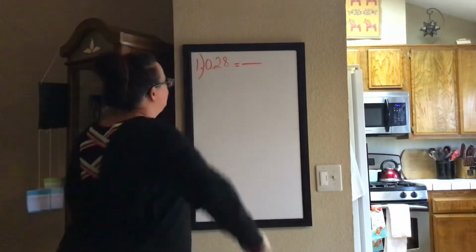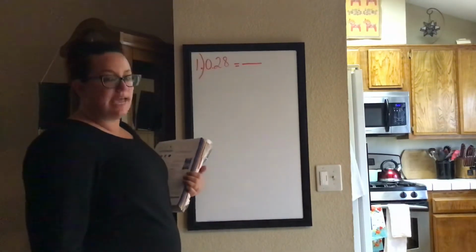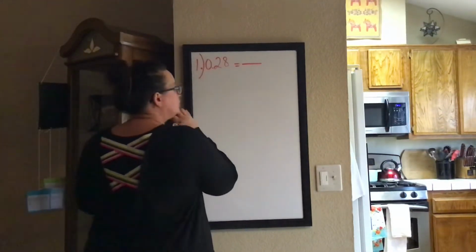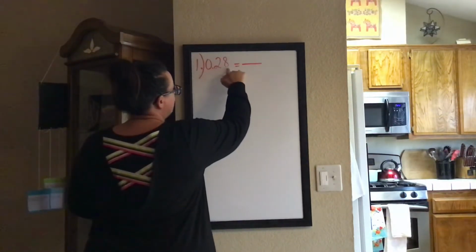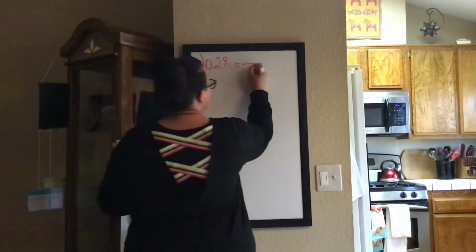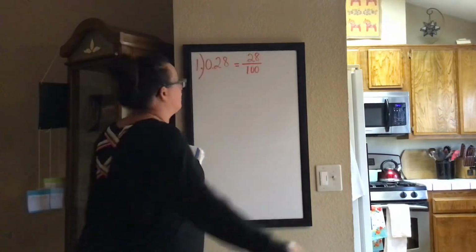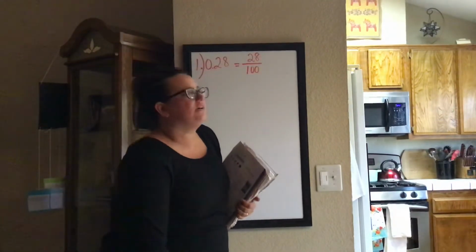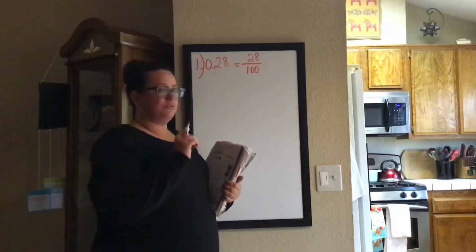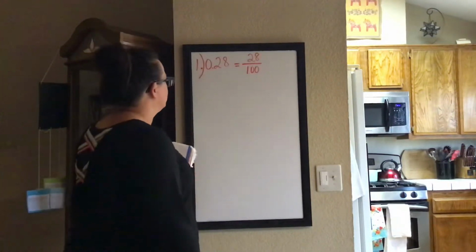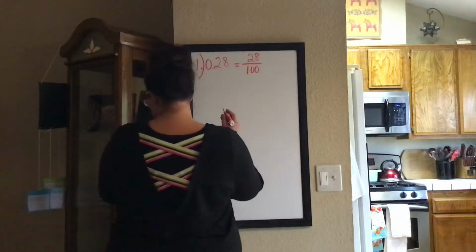There we go. 28 of them are colored purple. Well, there's 100 total. See, 28, and this is in the 100 spot. We're dealing with 100, and I have 28 of them. Sometimes doing the fraction form is easier first and then putting it into decimal form, but we'll see, okay? Let's keep going.